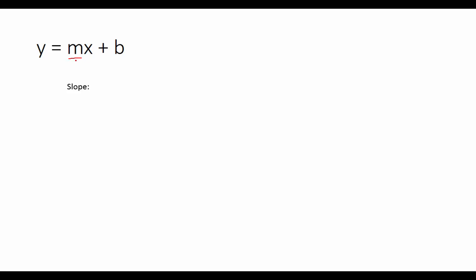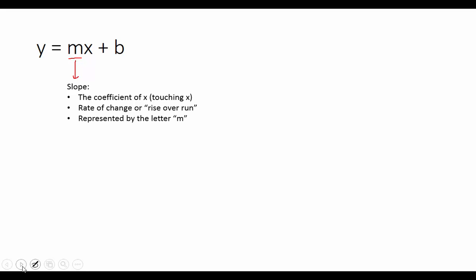First of all, the slope right here is always going to be the coefficient of x. It's the number that's touching x in this slope-intercept equation. It's talking about the rate of change of x, how fast this graph is increasing when you go from left to right. And often it's called the rise over run, and it's for historical reasons represented using the letter m.